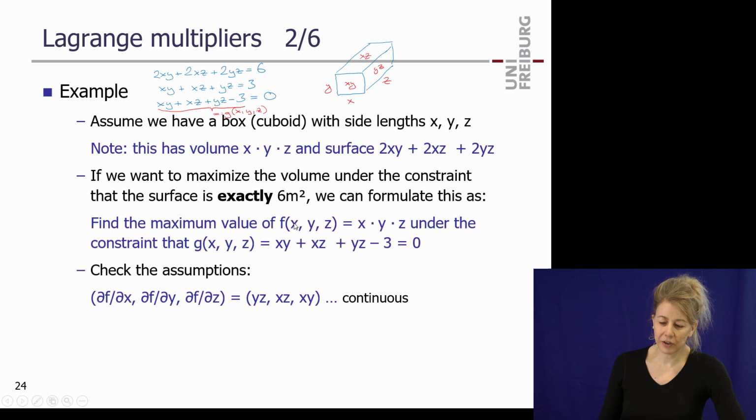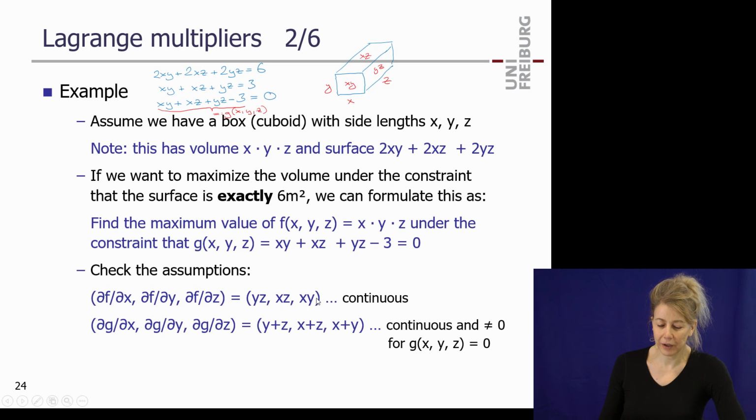If I take the derivatives, these are all very smooth functions. The partial derivative by x, so x is treated as the variable, y and z as constants, is yz. These are the other partial derivatives. This is continuous, fine. If I compute the partial derivatives of g, I get this function, which is never 0, at least not where the constraint is fulfilled. You can check it.